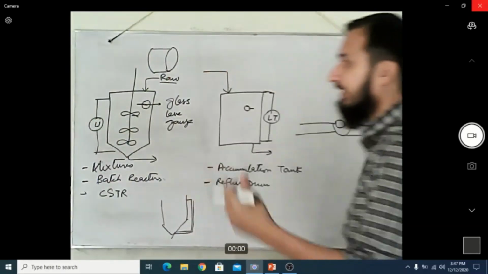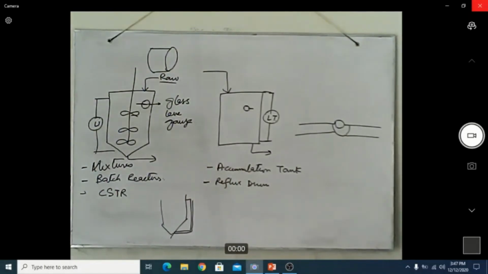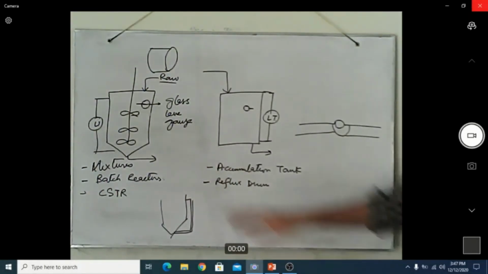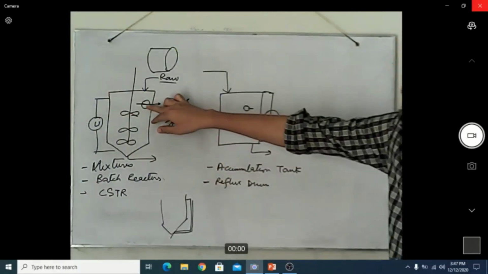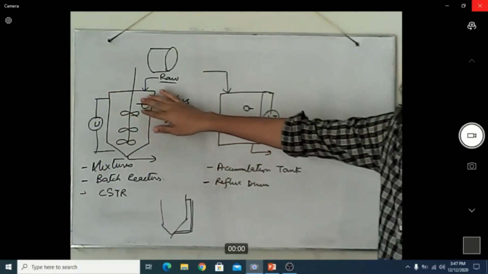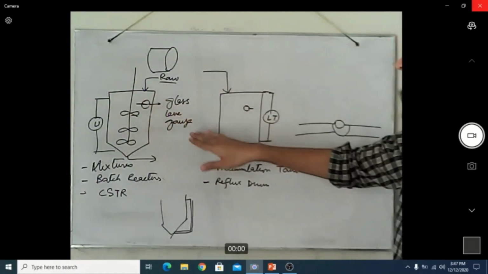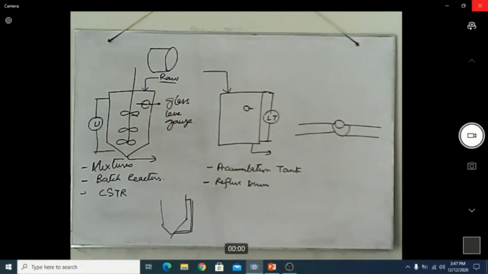But for field reading or visual assessment of how high the tank is filled, you may place a glass level gauge over here. The main advantage of this type of glass level gauge is that it can bear higher pressure and higher temperature, and even a process running under vacuum.